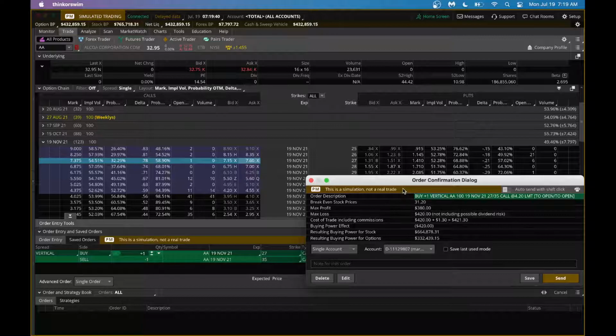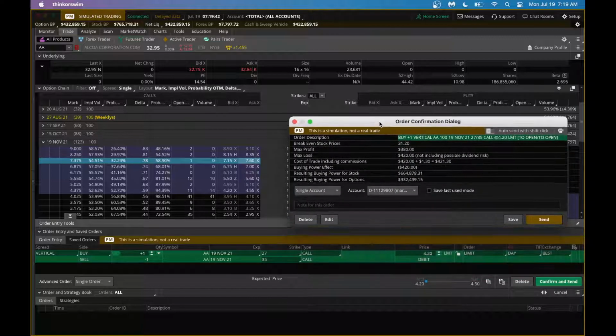So this is one way to play. And if you do something like this, your break-even point is below the current stock price. As you can see here, current stock price is 32.95. Your break-even is below current stock price, and your max loss is 420. That's the amount that you're paying to buy the option here, and you're making 380. This is one way to play, and you could confirm and send.